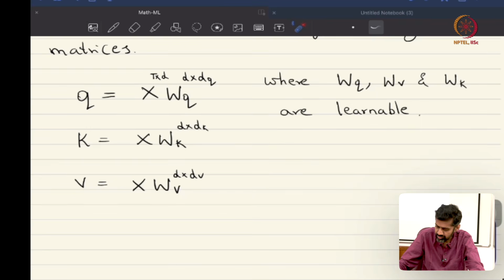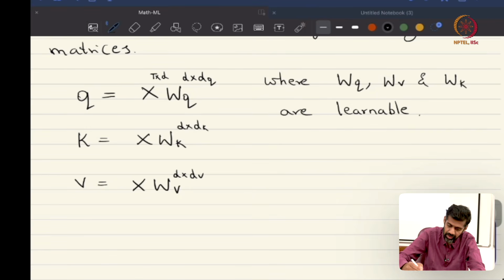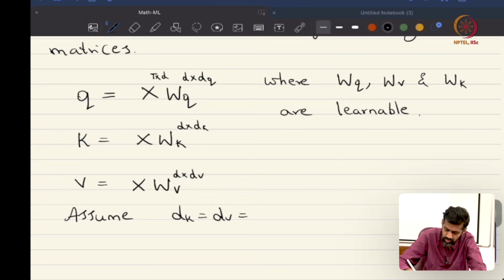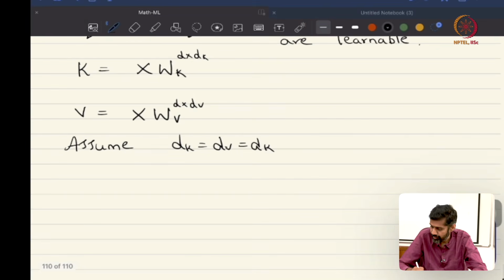Now, for ease of understanding, let us assume that d_Q, d_K and d_V are all the same. They need not be; in the most general treatment they need not be the same. I am avoiding writing three different symbols and just saying all of them are the same. So, let's assume these three are the same.